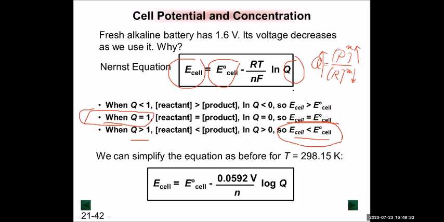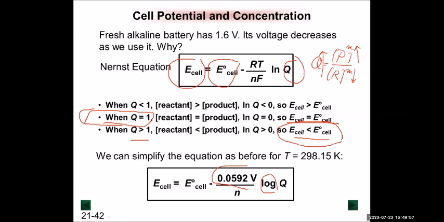And in this equation, we use the room temperature and the log of 10. You have a number for this. This number comes from the R and T, RT. And there's a ratio between natural log and log of 10.